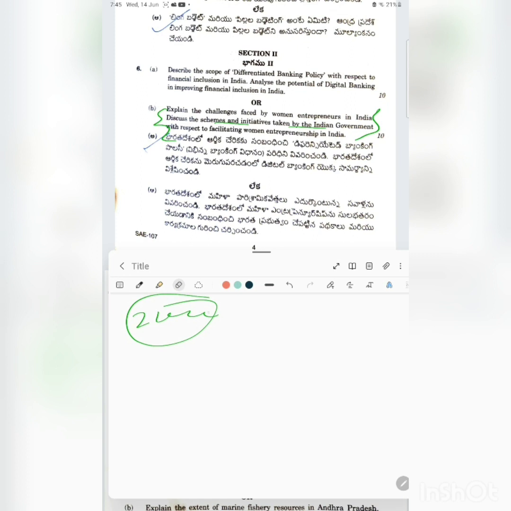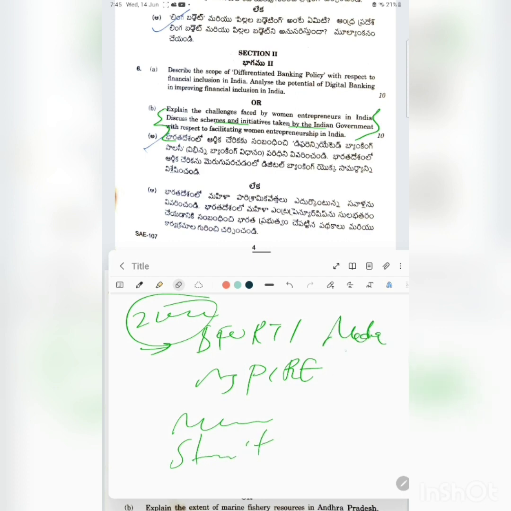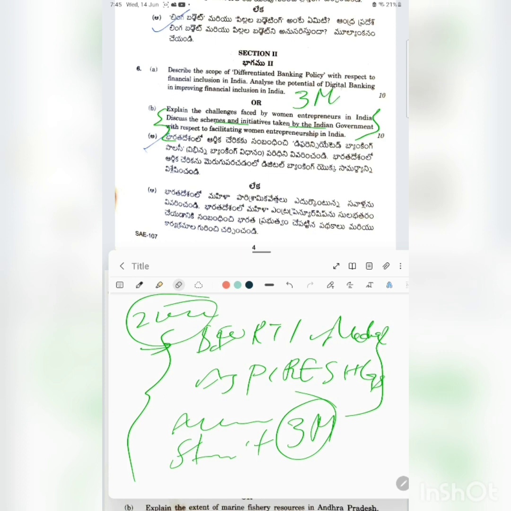As I didn't have any choice, I just mentioned the schemes: Stand-Up India, Make in India, Startup India, Mudra loans, and also women SHGs and various other programs which promote women entrepreneurship in India. I will only get 3 marks. This was such a question where I'm going to get a maximum of 3 marks.